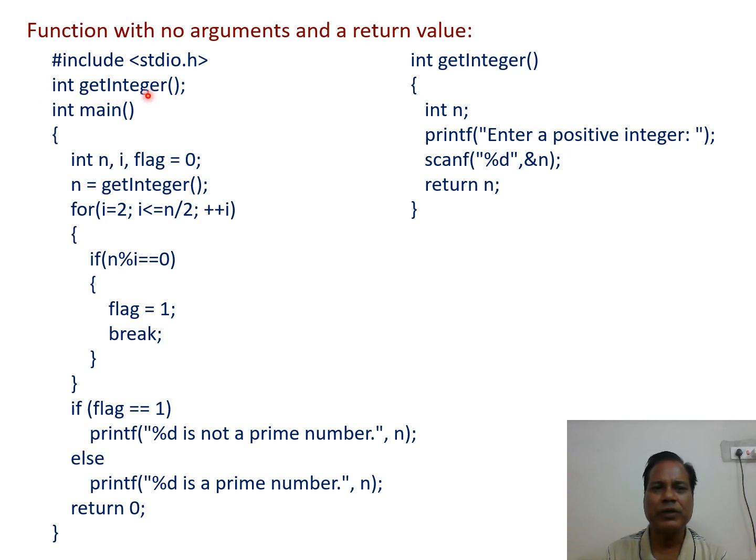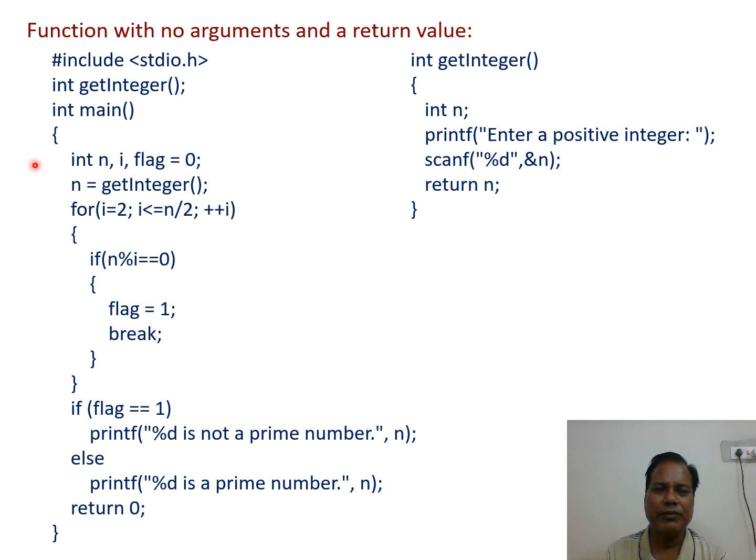The name of the function is get_integer. Within the open and close parentheses, nothing is mentioned. But before this, int is written. It means that whenever this function is called, it returns an integer value to the calling function.